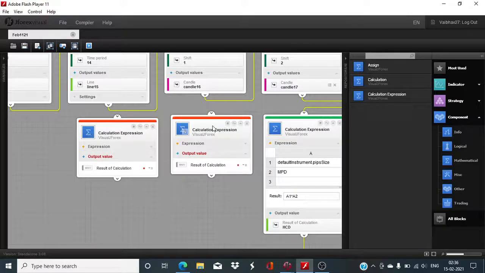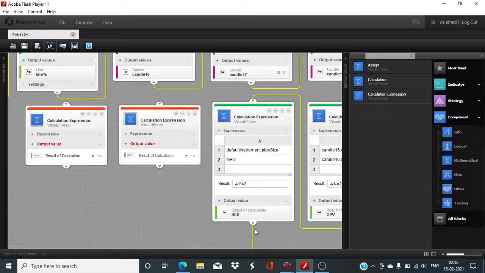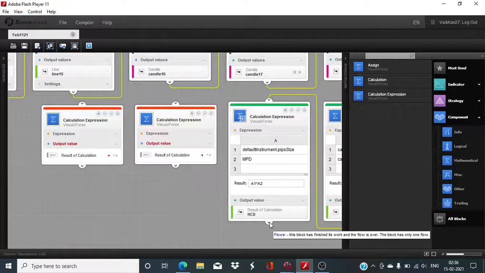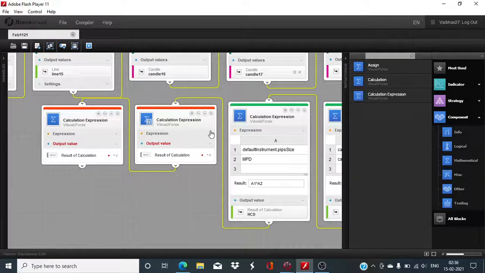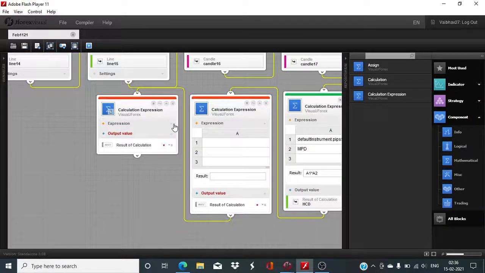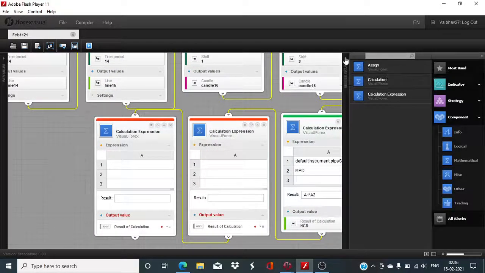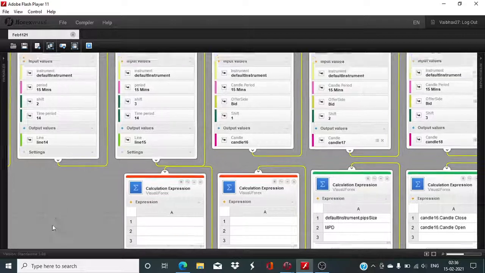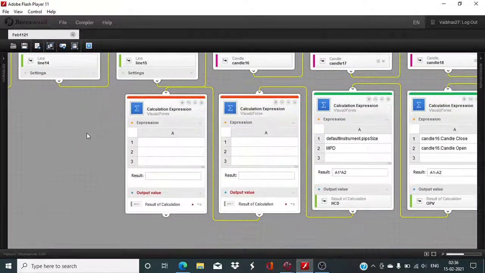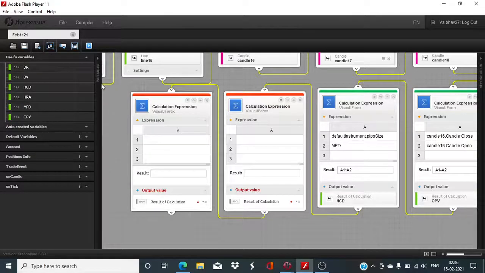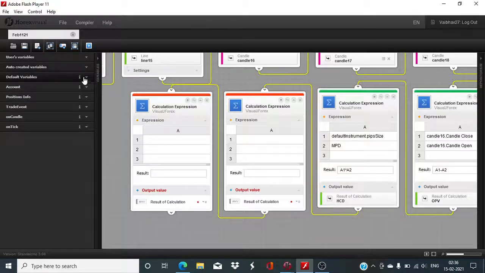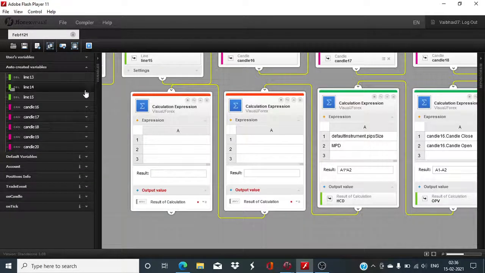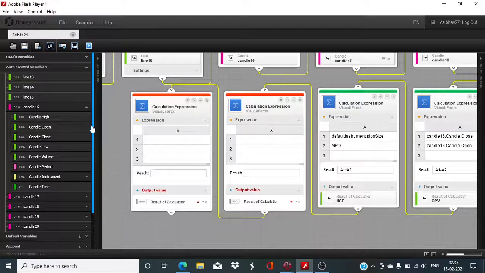Okay, here I will need to break this flow for the time being and join it to the next blocks. And now I will retrieve candle 16's closing and opening value. Auto-created variables, candle 16, its closing and opening price.